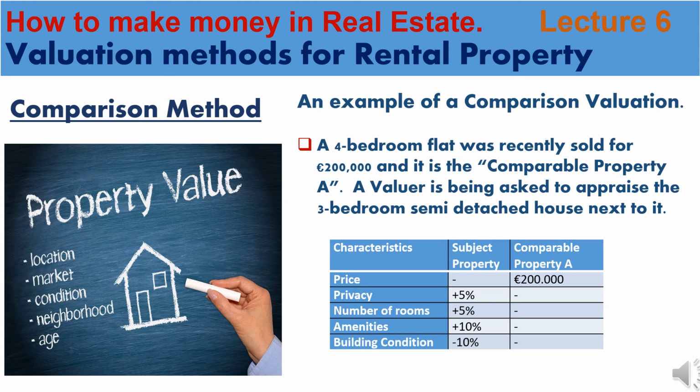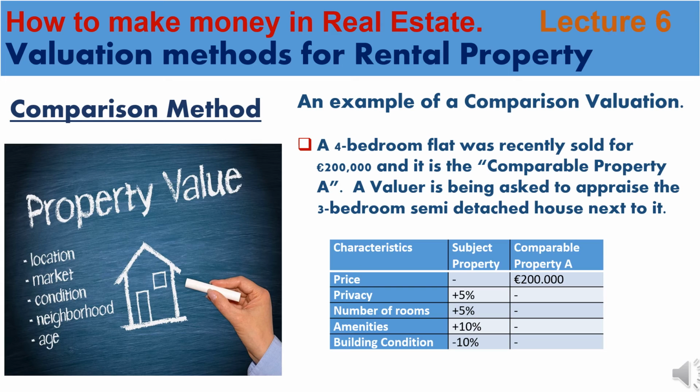In the left column are the characteristics of the properties. The columns to the right show the comparable property and list the adjustments to the value necessary to make the comparable property more like the subject property. If the comparable characteristic is superior to the subject, subtract from the comparable property's value. If the comparable characteristic is inferior to the subject, add to the comparable property's value.